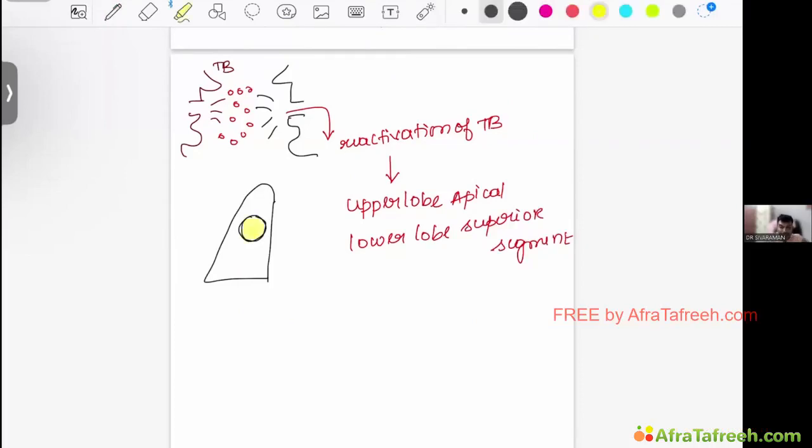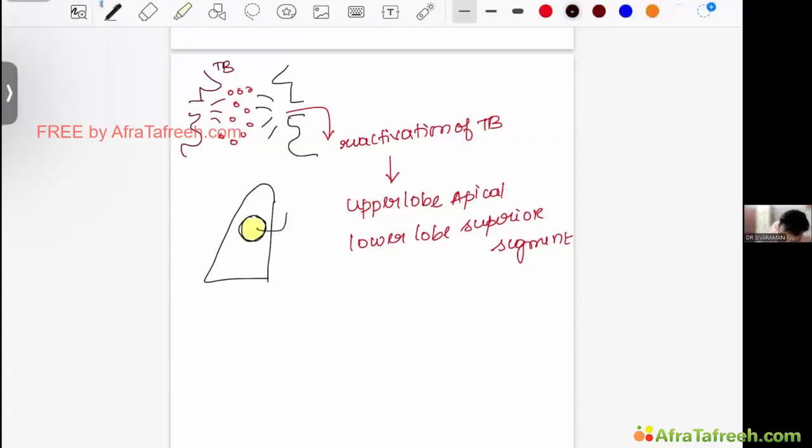Whenever the patient coughs, this caseous material will be expelled out, and it is going to leave a cavity. The caseous material will contain a minimum of 10 power 4 bacilli, and the cavity has 10 power 9 bacilli.